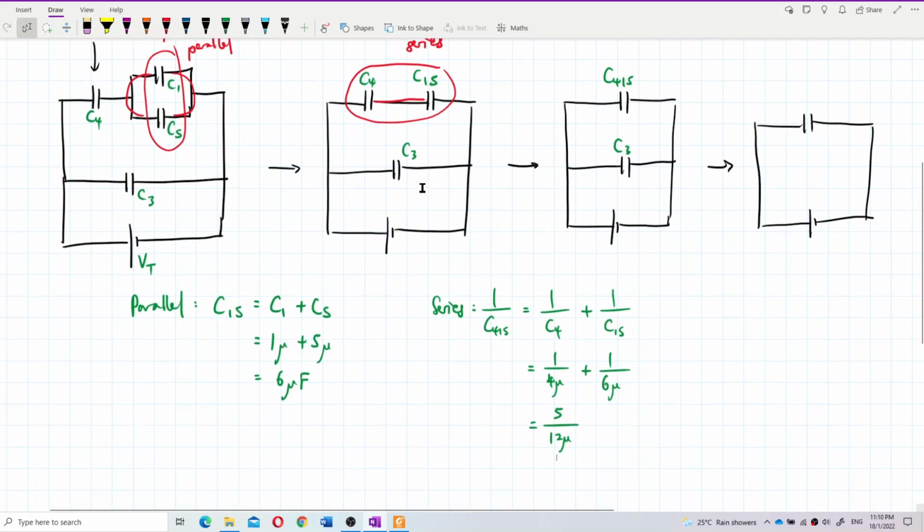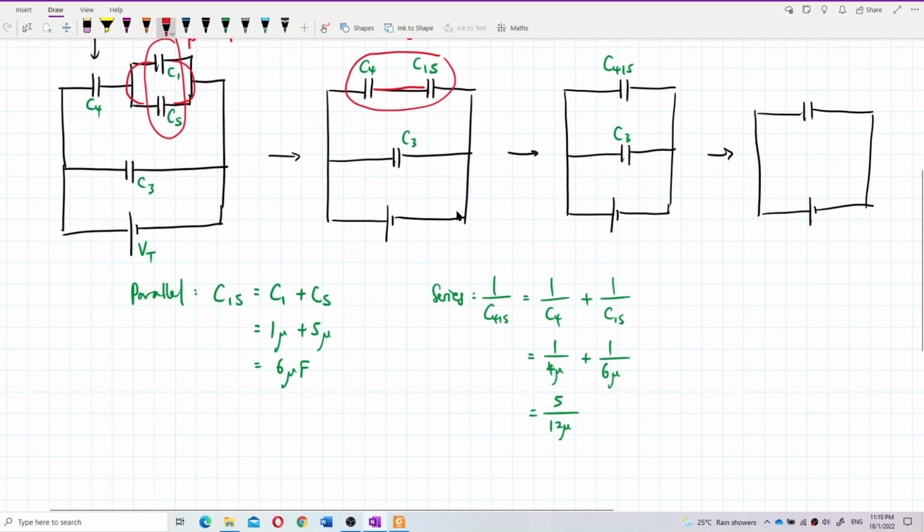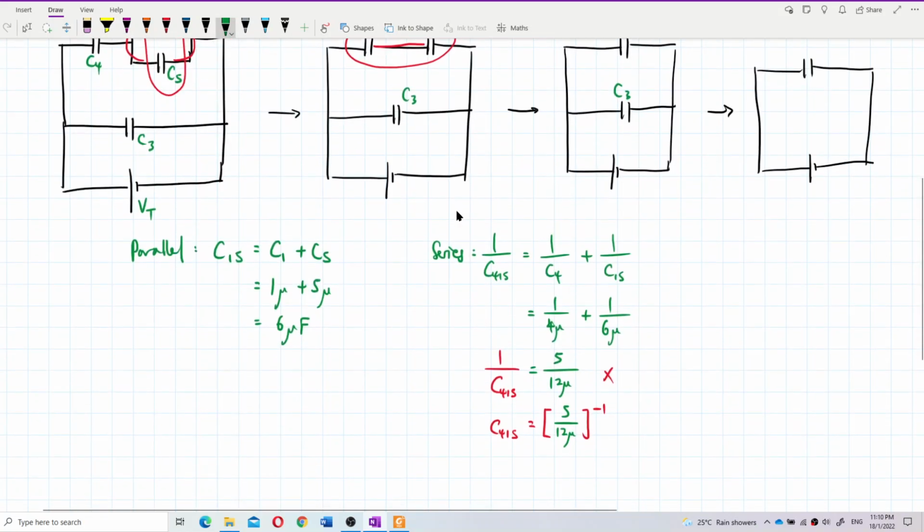Is this the answer? No, this is not the answer yet, because this is still 1 over C, so you have to invert the whole thing, and only then can you get the answer. So 1 divided by the answer, and I got 2.4 microfarad.